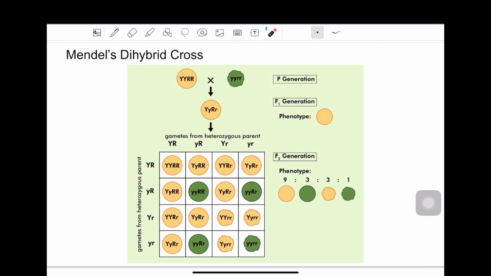In Mendel's dihybrid cross, the characters were seed color and the shape of the seed coat.